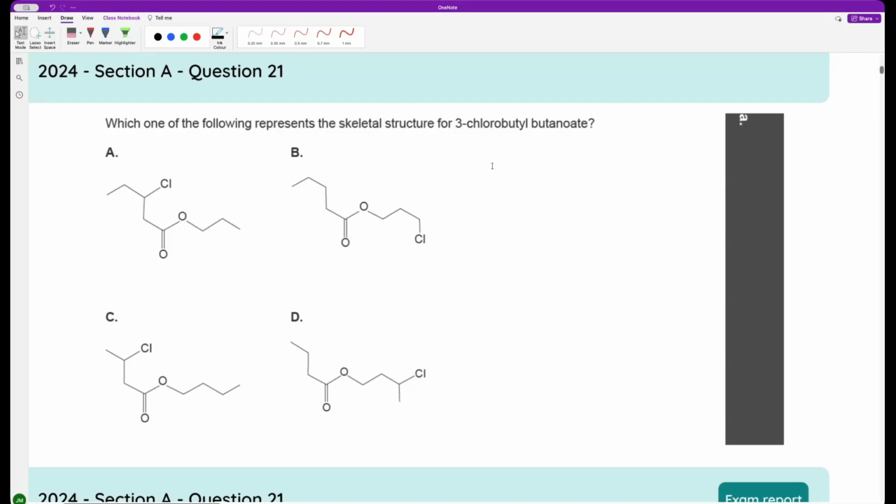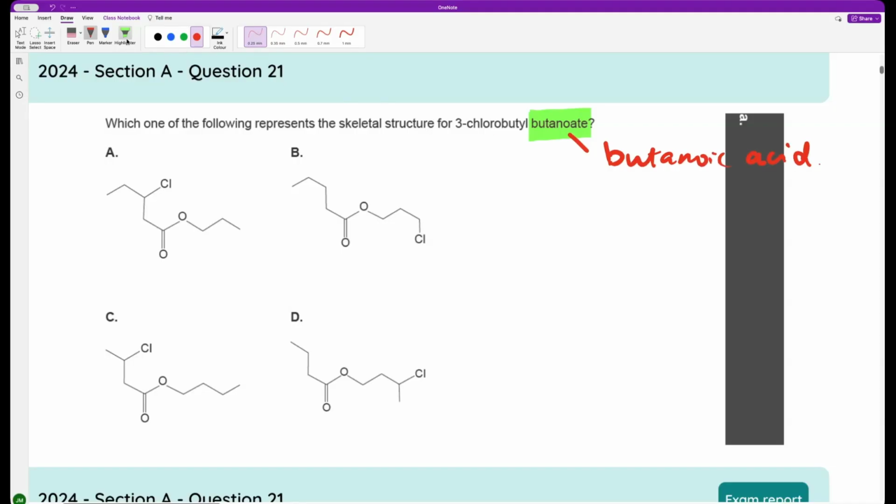Okay, so how do we solve this question? Well, the ester always has 2 parts. There is a carboxylic acid part, which comes from the oate part of the name. So butanoate means it came from a carboxylic acid with 4 carbons, so a butanoic acid.